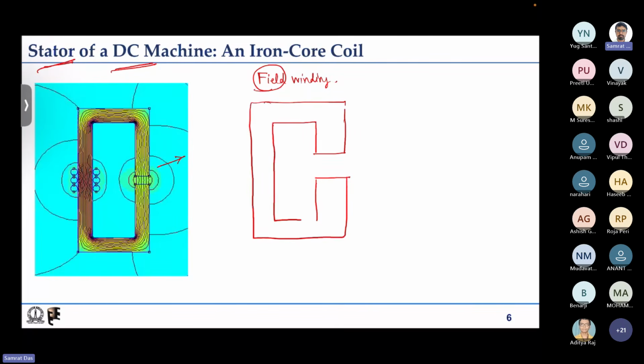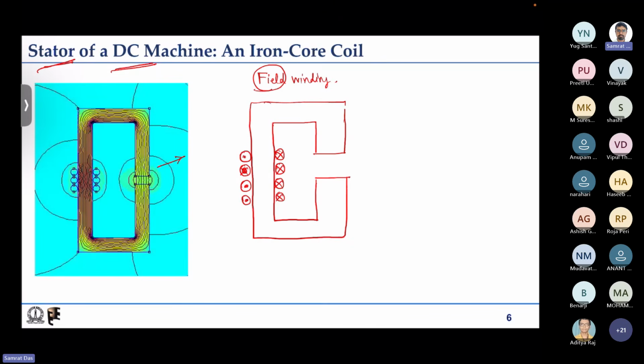This is the core, and say we have 4 turns, dot cross, dot cross.